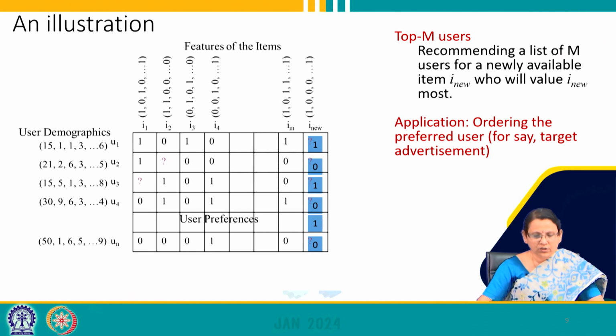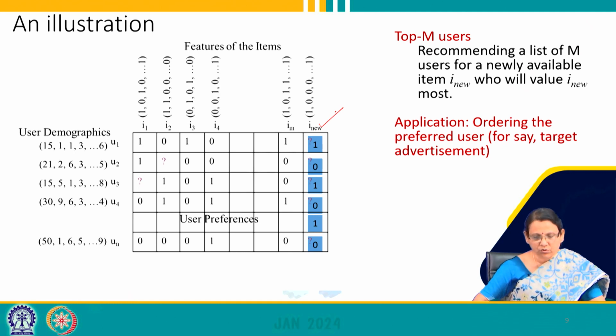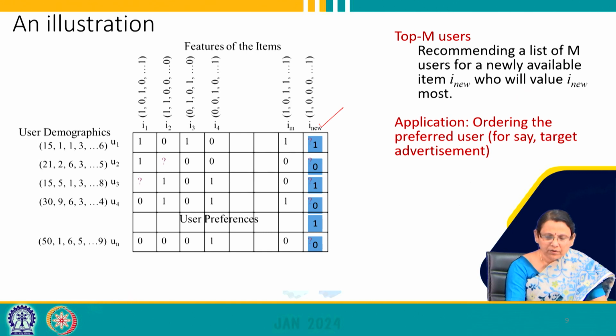Now, next is your top M users. Suppose a new item I1 has come to the store. Based on some algorithm, we have somehow estimated the predicted rating of this item for these people, U1 to UN.